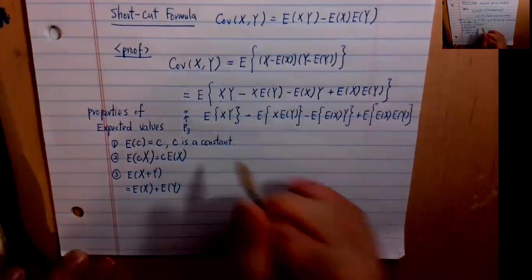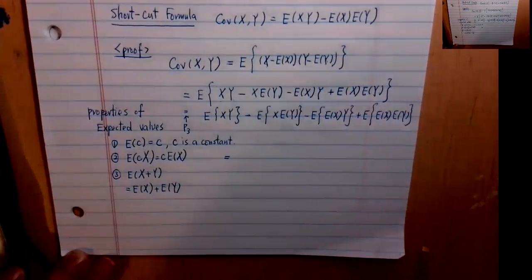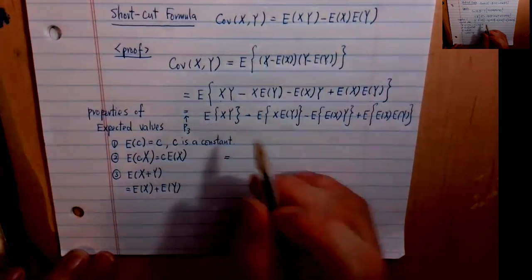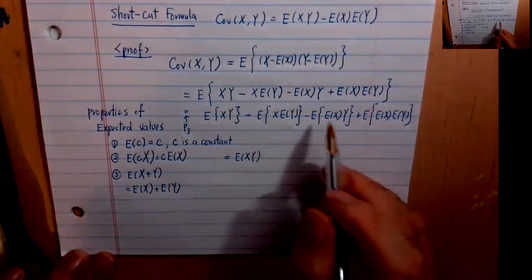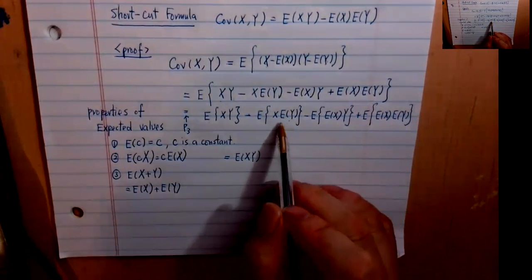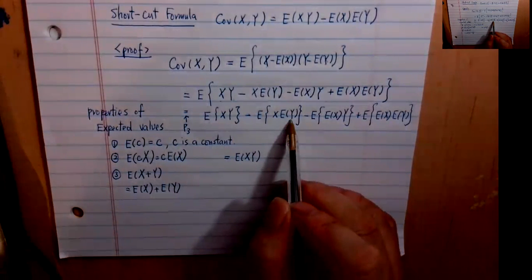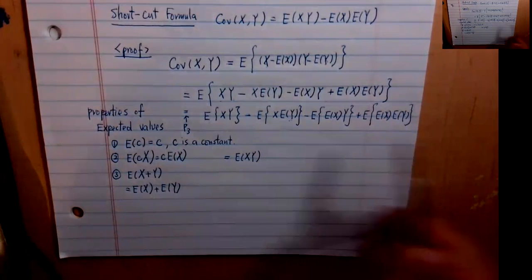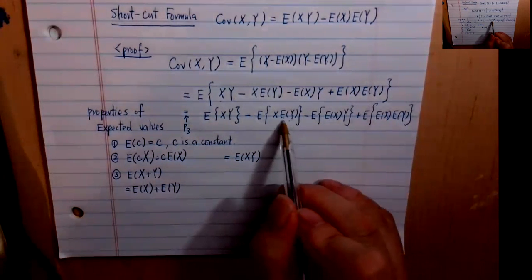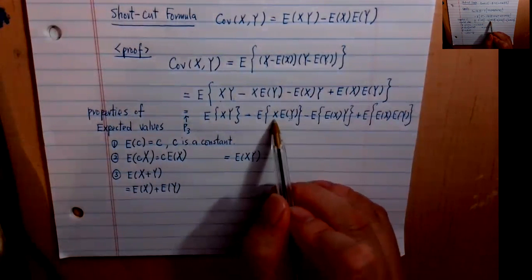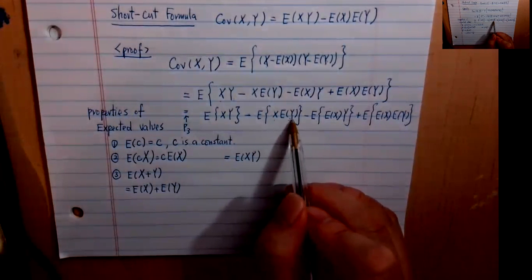Okay? Now, if we want to go further, okay? This one, of course, is very simple. It's just expected value of XY. But next term, tell me, is EY a random variable or is EY a constant? Think about it. I'll give you 5 seconds to think about it, okay? X, of course, is a random variable, but what's EY?